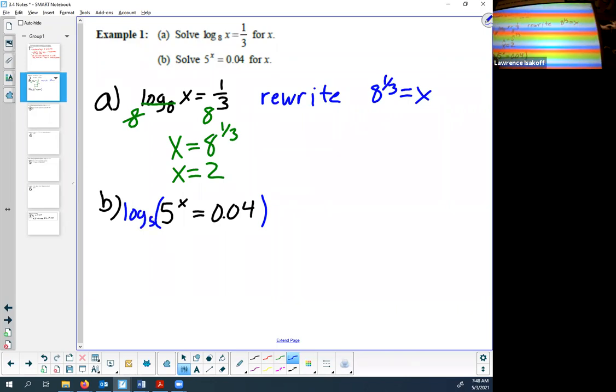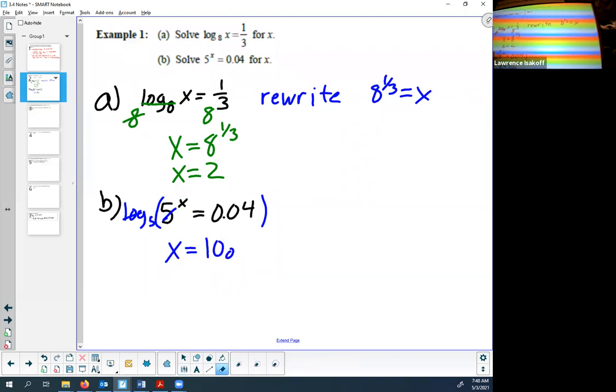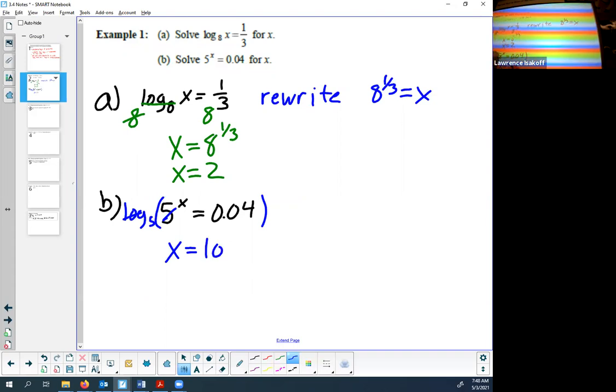When I do that, that cancels out with this 5 here, leaving me with x equals the log base 5 of 0.04.